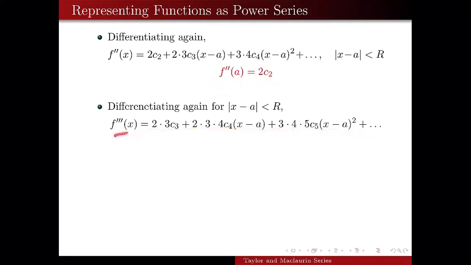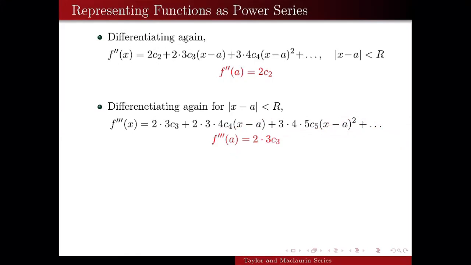So f triple prime of x will be equal to 2 times 3 times c3 plus 2 times 3 times 4 c4 times x minus a. Then the next term will be 3 times 4 times 5 c5 times x minus a squared, and etc. And then we let x equals a again. This will disappear, and the rest there. So f triple prime of a is just 2 times 3 times c3.